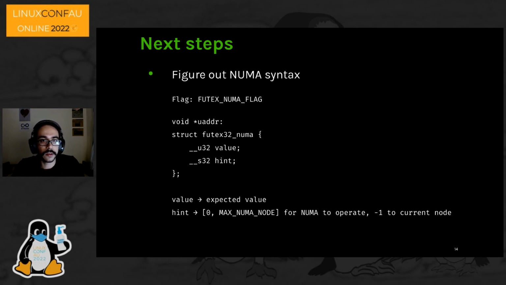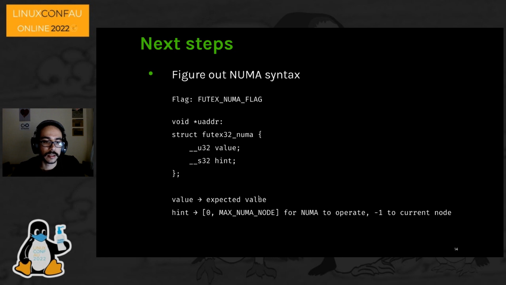What we have right now is that you send to the operation a flag called FUTEX_NUMA_FLAG, and then instead of using just a plain user space address, you will point to a struct where you have, in the first place, the integer, the futex value, and then a hint that can be used to specify which node you want to operate on.